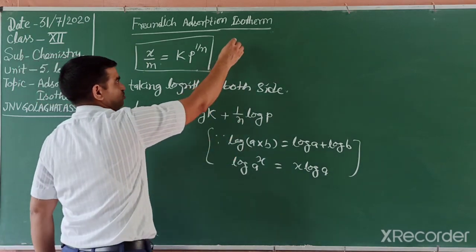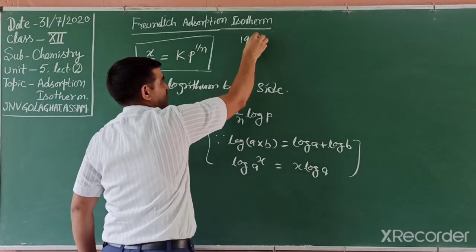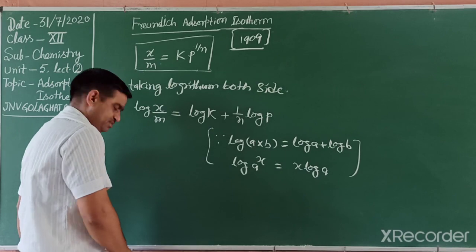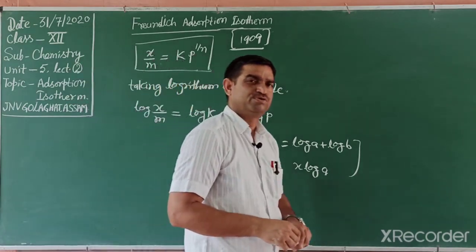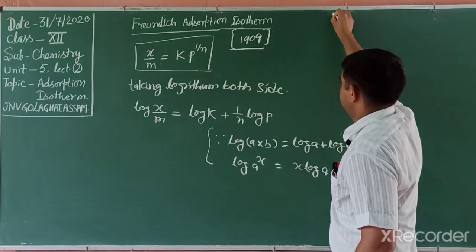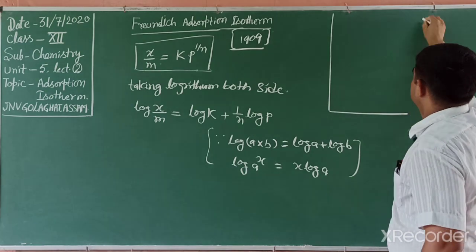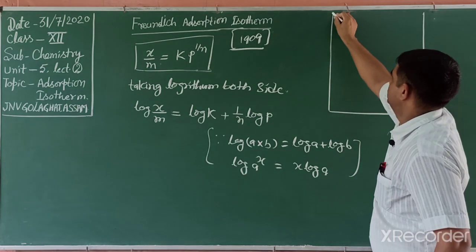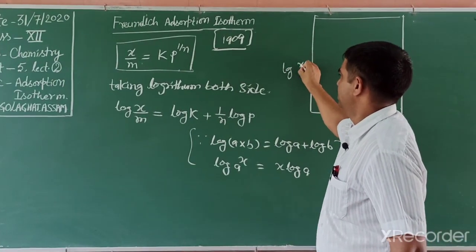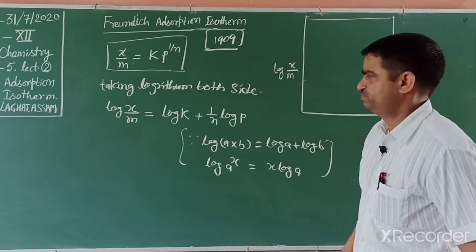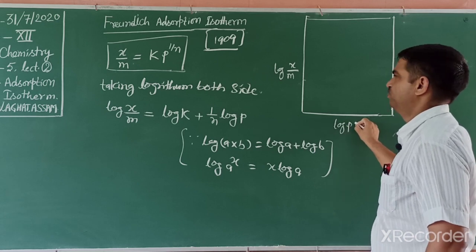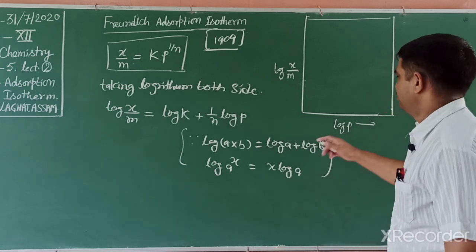This Freundlich adsorption isotherm was given in 1909. Now we plot the curve between log x by m and log p, and we get a straight line. Here we write log x by m, the extent of adsorption, and on this side log p, meaning pressure increases.